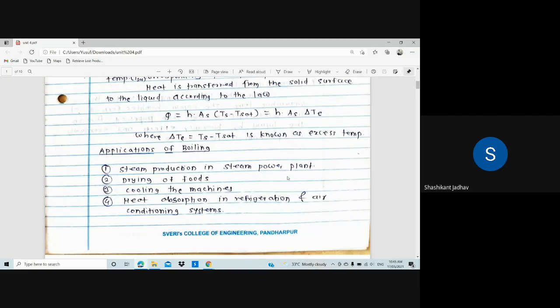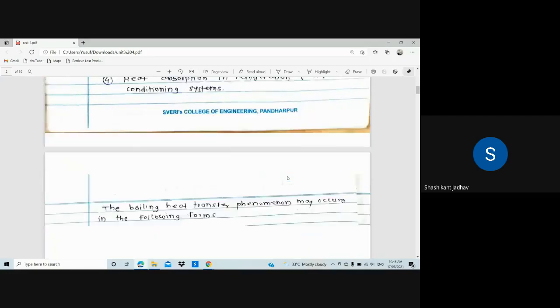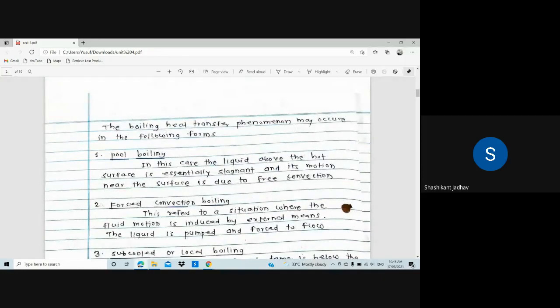Okay, then next line, now write down. So in what ways may the boiling heat transfer phenomena occur? What are the different forms there? So those forms we have to discuss.